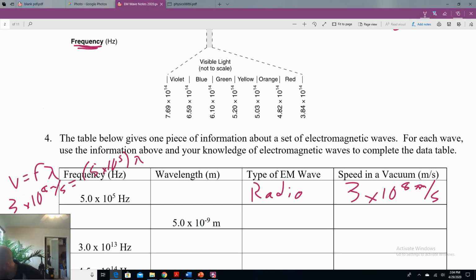When you do that, I got 600 meters. If it looks familiar, it's very similar. I think it's off by 1 decimal spot from question number 1 that we did before. Okay, pause the video and try the rest of these.